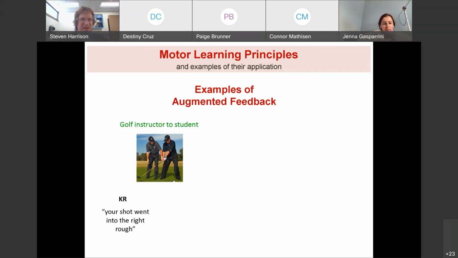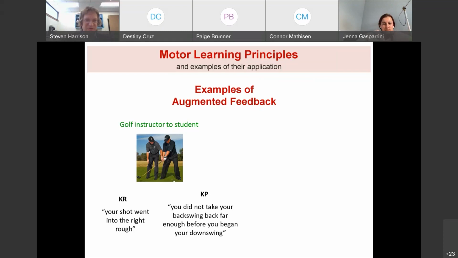So what would knowledge of results look like? Your shot went right into the rough. So we're learning about the outcome in relationship to the particular goal of the practitioner, trying to get the ball to a particular part of the fairway or on the green.